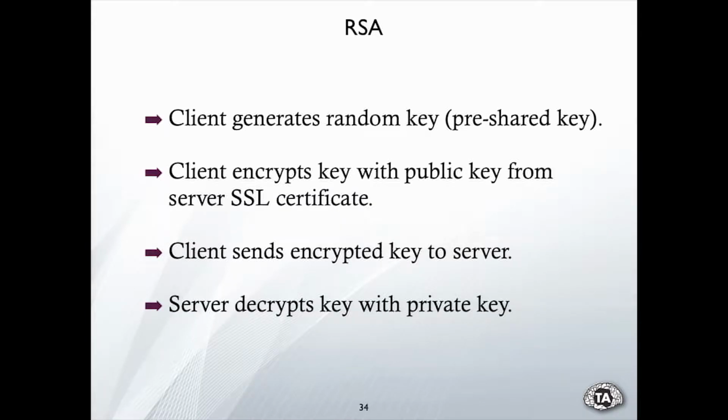And RSA works like this. A client generates a random key, and it encrypts it with the public key taken from the SSL certificate. In an SSL certificate, there's a public key, and you can encrypt data with it. The client sends that encrypted key over to the web server, and only the server can decrypt the key.